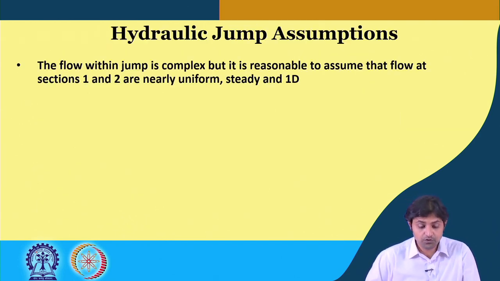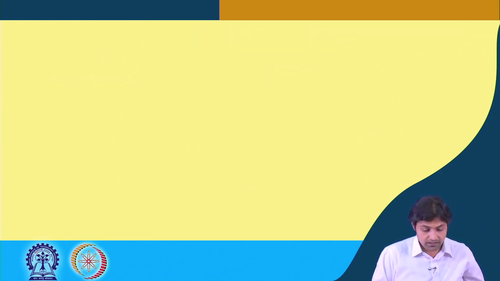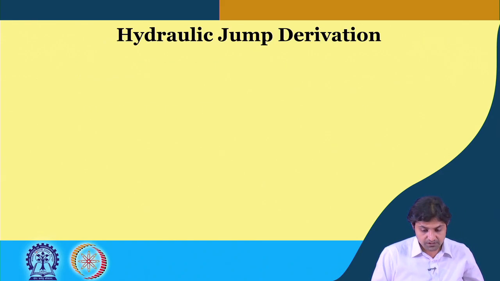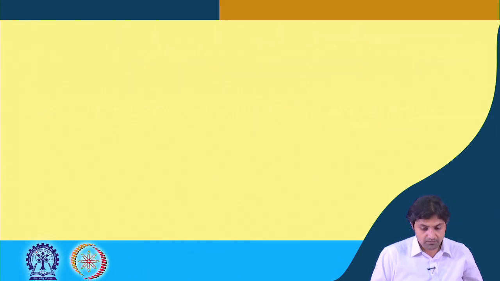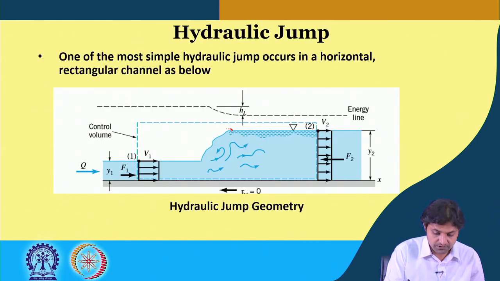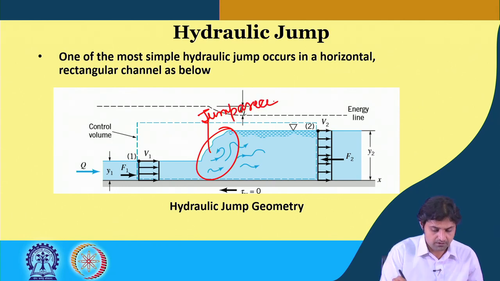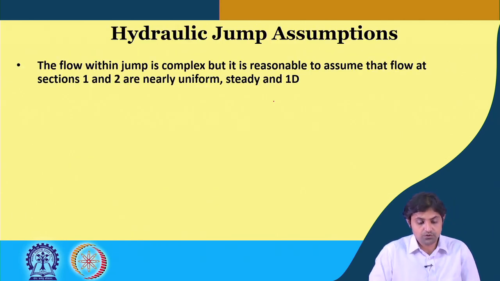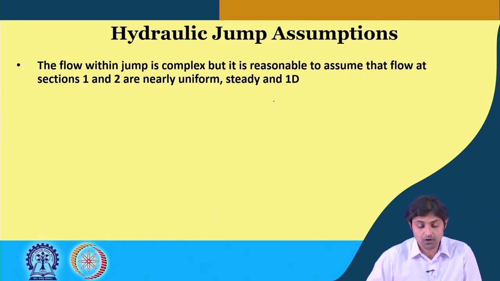So, the flow within the jump. What is this area within the jump? This is the jump area. The flow within the jump is complex, but it is reasonable to assume that flow at sections 1 and 2 is nearly uniform, steady and 1D.